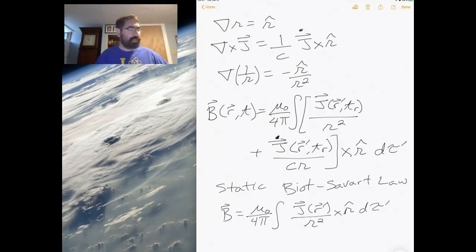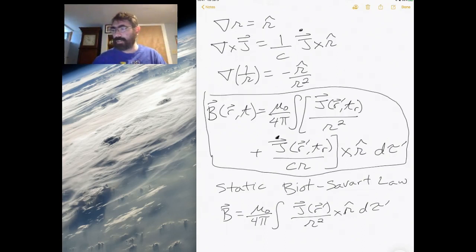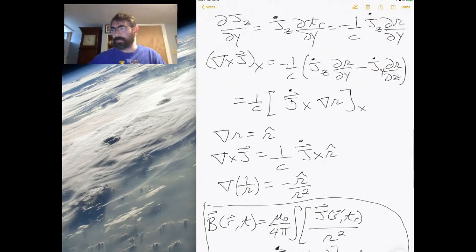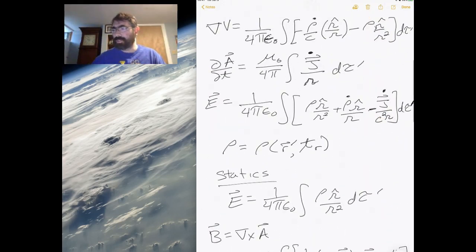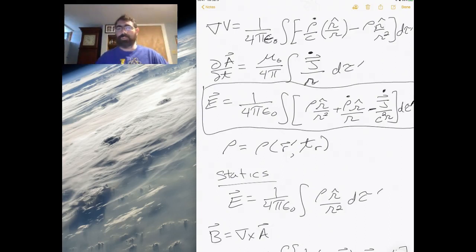And so now what we have is essentially updated equations, one of them being the new Biot-Savart law, and the other one being the updated Coulomb's law. So now we have much more general cases.